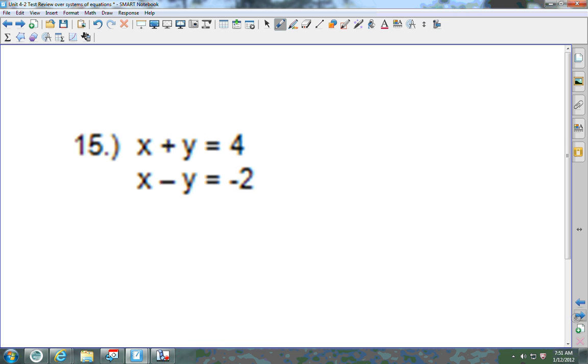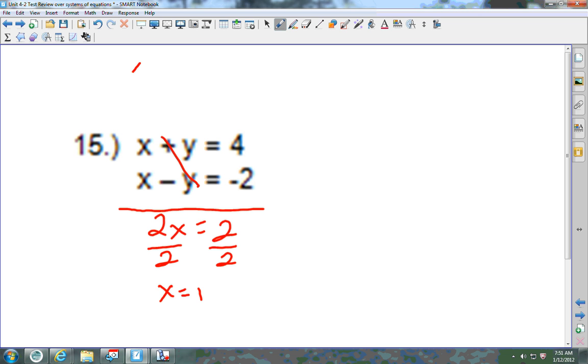The next one, number 15. Let's see what happens. Well, if I combine these, this is good because this is 2x, and my y's cancel out. They make 0. 4 minus 2 is 2. Divide each side by 2. X equals 1. So my solution, I have 1 and then some number.